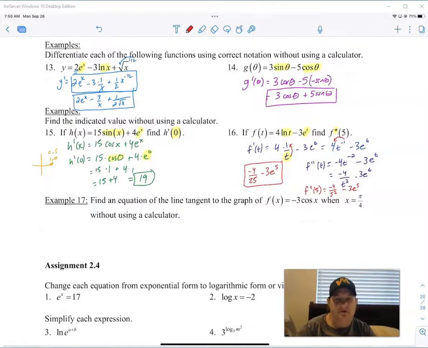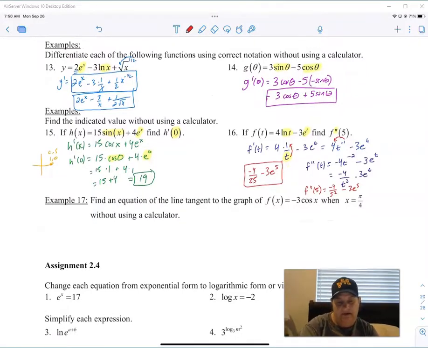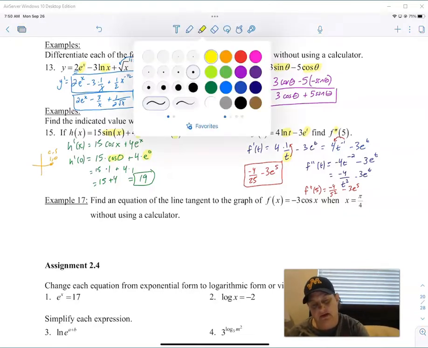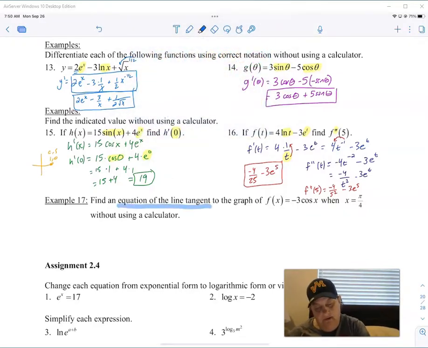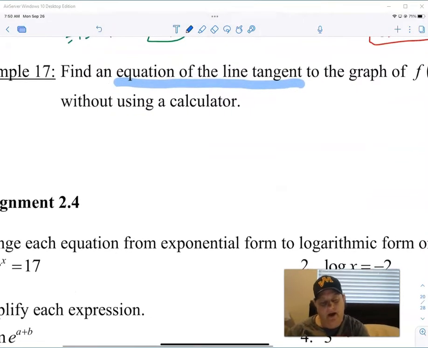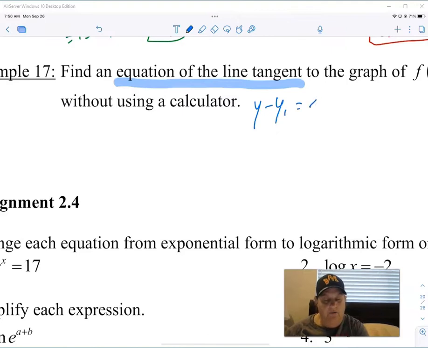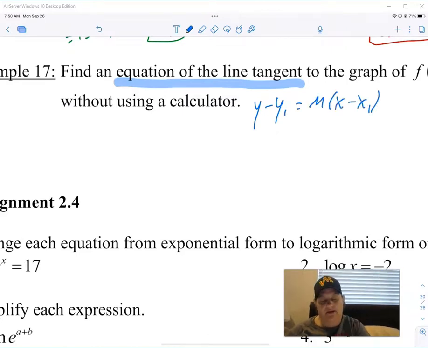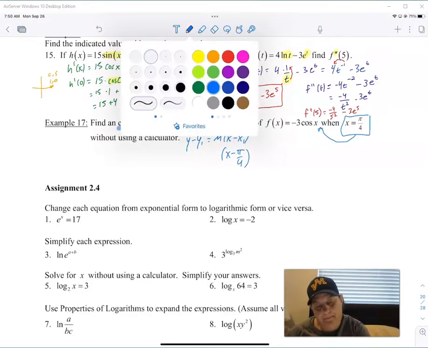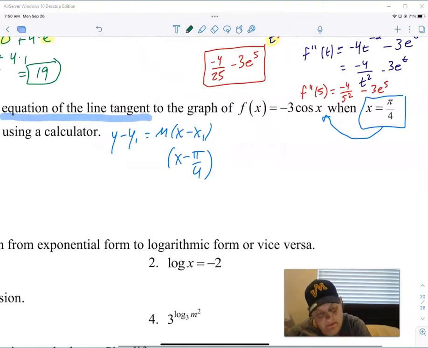The last question we're going to do here is the equation of the tangent line. The second I see those words, equation of the tangent line, I write y minus y1 equals m times x minus x1. Here's my x1, that's pi over 4. The way I get my y1 is I just plug it in right here.